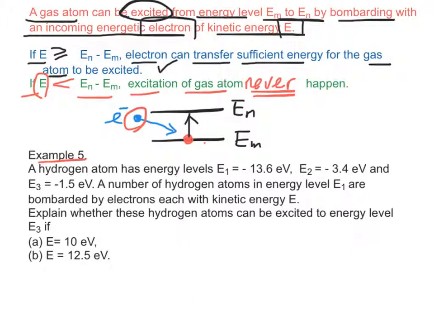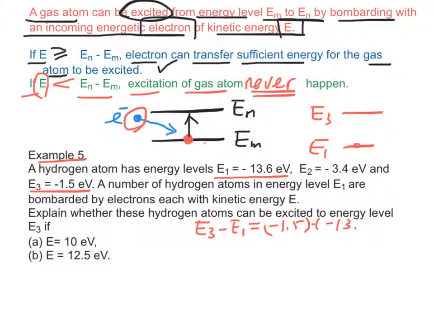Example 5. The energy level difference between E3 and E1 is E3 minus E1 equal to negative 1.5 minus negative 13.6, which is equal to 12.1 eV.